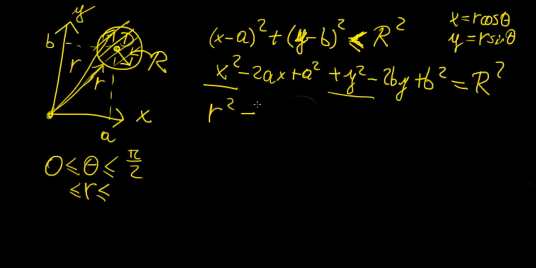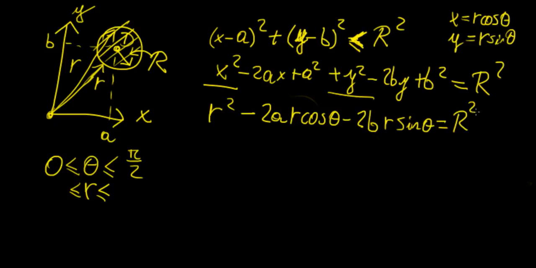So this is going to become r squared minus 2a r cos theta minus 2b r sine theta. And then these 2 constant terms, let's move them to the other side, so that's going to be r squared minus a squared plus b squared. This side is just going to be a bunch of constants.